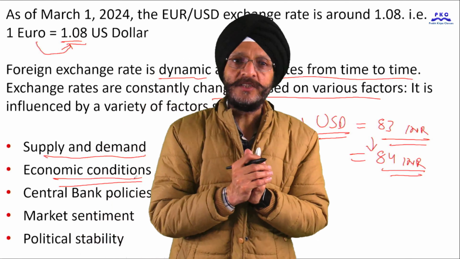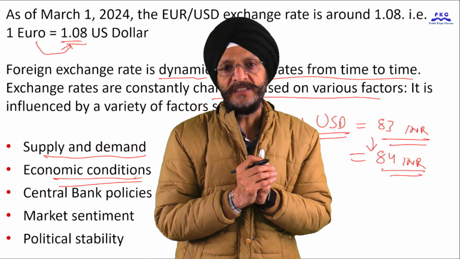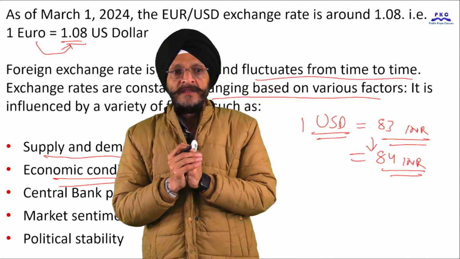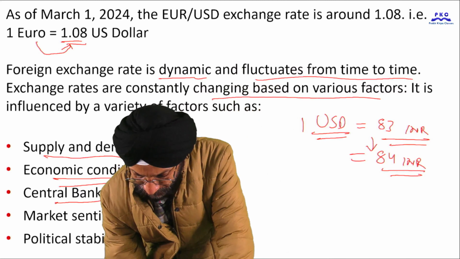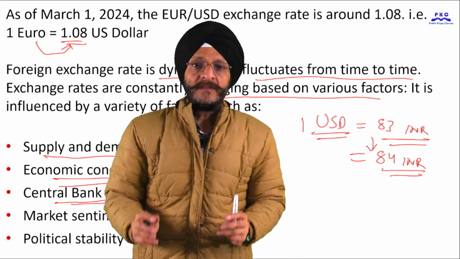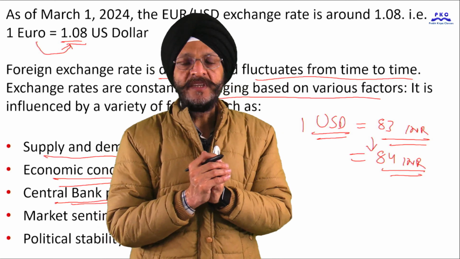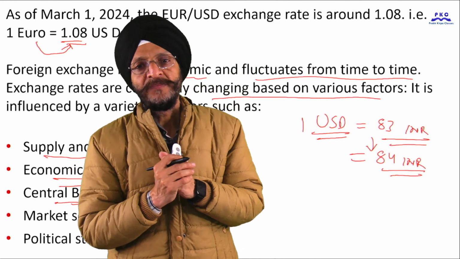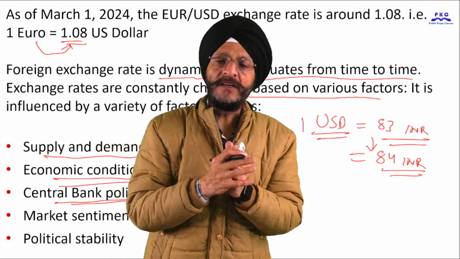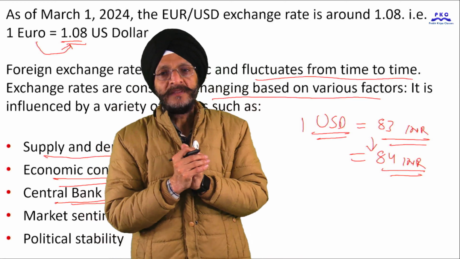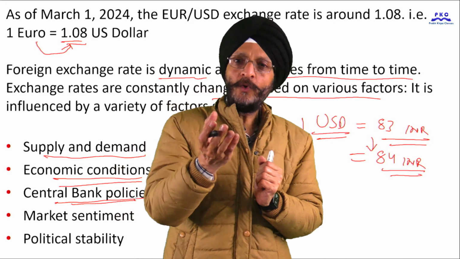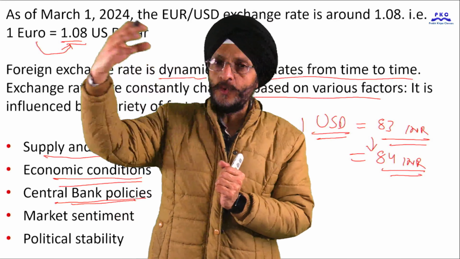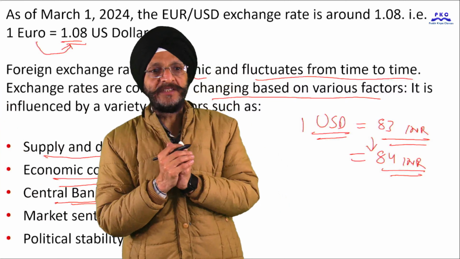Next is economic conditions. Economic conditions also affect the exchange rate. Central bank policies: the value of the currency is also affected by the policies of the central bank. If the policies of the central bank are favorable, then the value of your currency in relation to another currency increases.